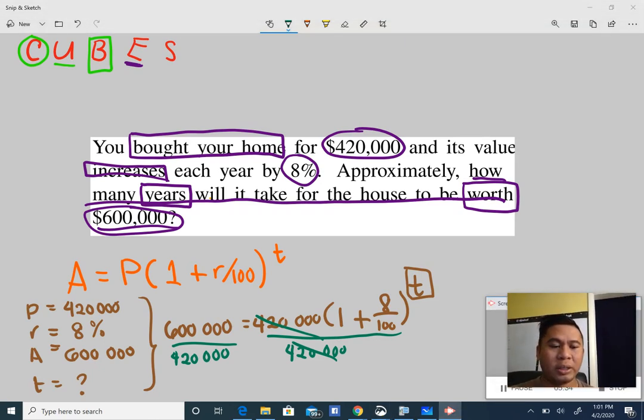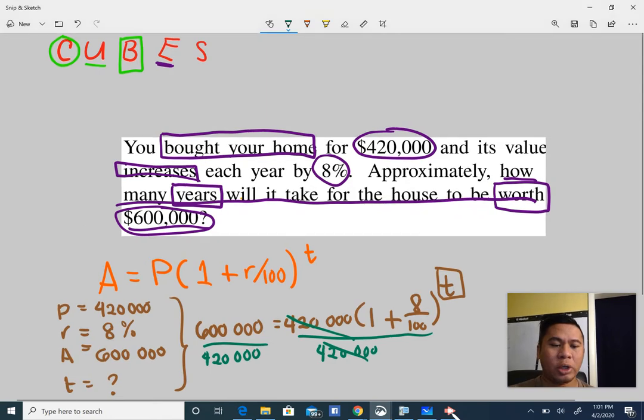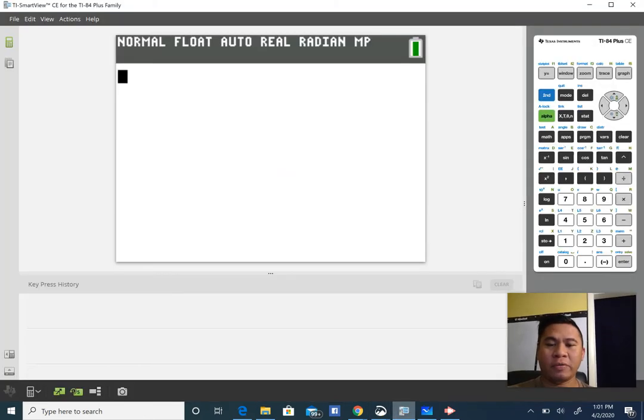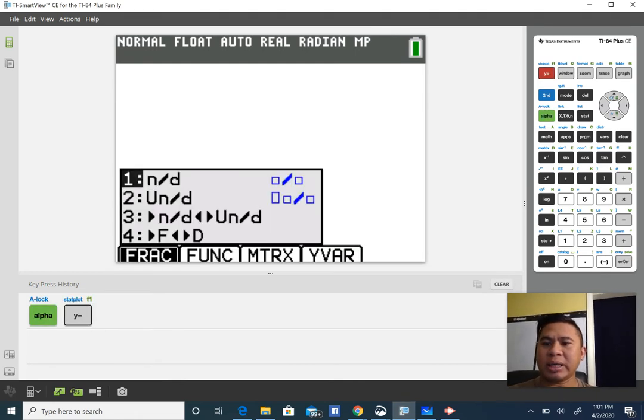In solving this, I can cancel the four zeros from the 600,000 and the four zeros from the 420,000 and simply write the simplified fraction 60 over 42. Now let's use our calculator for that. How do we simplify the fraction 60 over 42? We press alpha, press y equals, and then press enter.